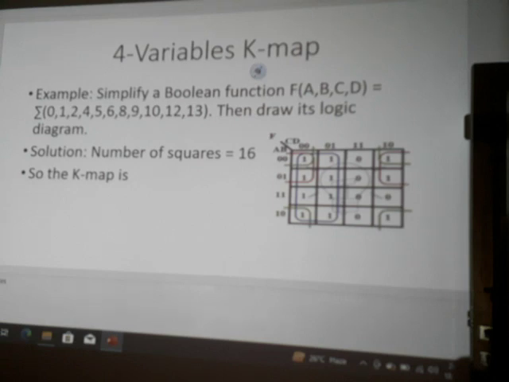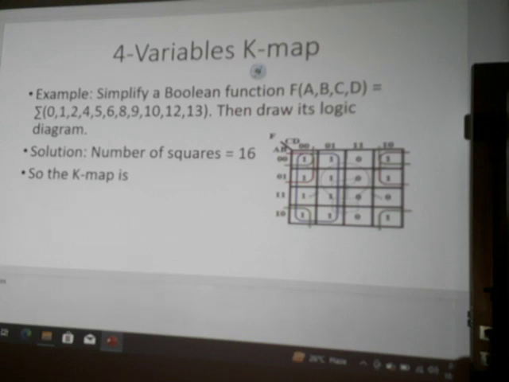Now along the horizontal direction, if we move from the first square to the second square, then we can see that the variable D changes, so we can neglect it, but the variable C remains the same if we move from first square to the second square in this row. So we will write the term C dash because the C has zero state, which can be represented by the complemented variable.